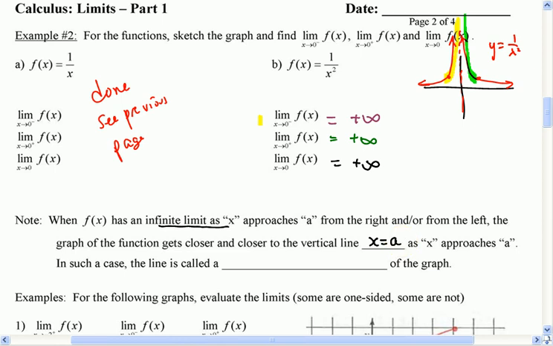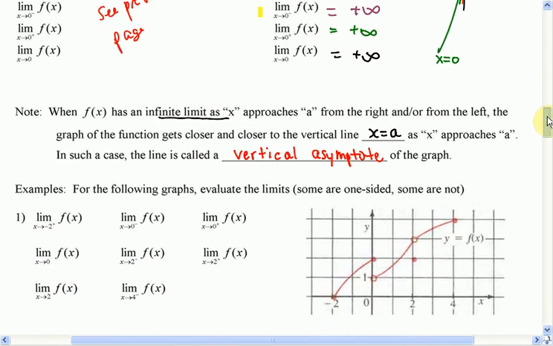The vertical line in this example is x equal to 0. What do we call these vertical dotted lines? You've seen them before. It's called a vertical asymptote, and if you remembered that word, you are correct. A vertical asymptote of the graph.